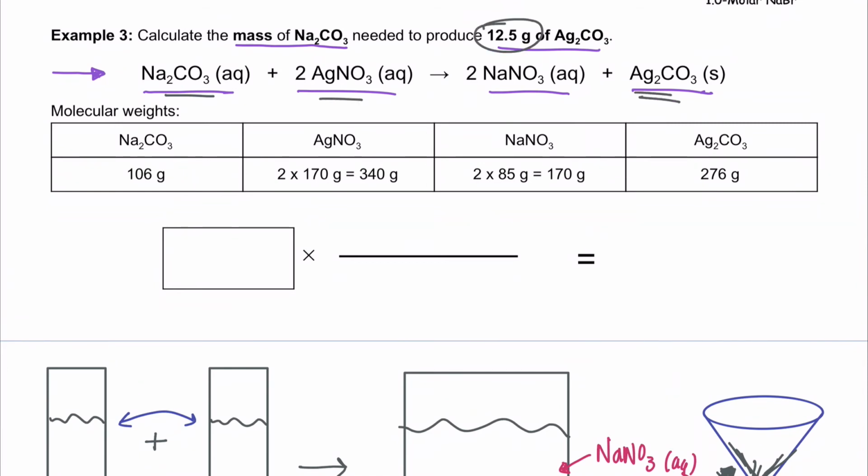So our 12.5, that's our product. We want a certain amount of it, and we don't want to just throw a bunch of stuff into a test tube. We want to do this scientifically and not waste materials. So we can use our recipe here to calculate what mass of sodium carbonate we need. In order to do that, we'll use our molecular weights.